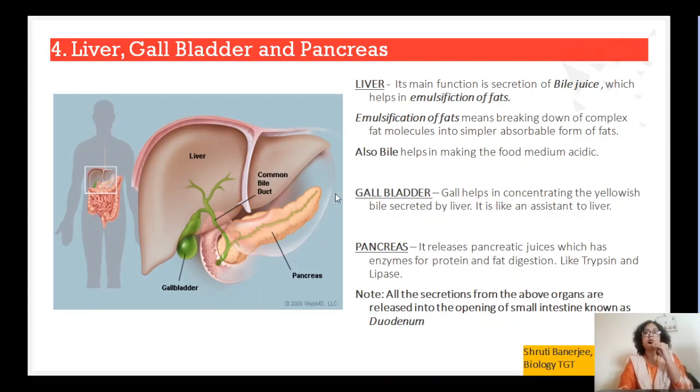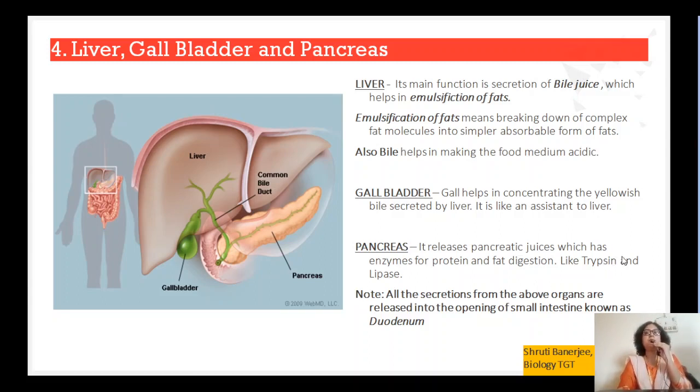What is the role of the pancreas then? The pancreas releases very important enzymes, and these enzymes are capable of breaking down the protein molecules. Okay, there are many enzymes, but two major enzymes that you need to remember are trypsin and lipase. Now what is trypsin?